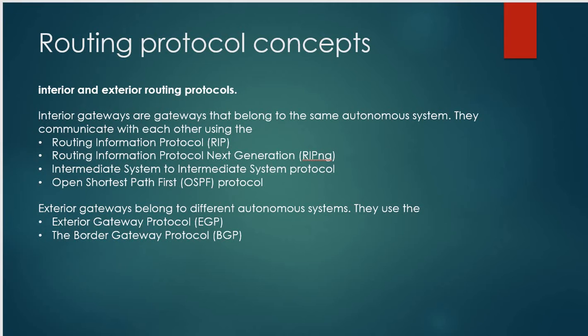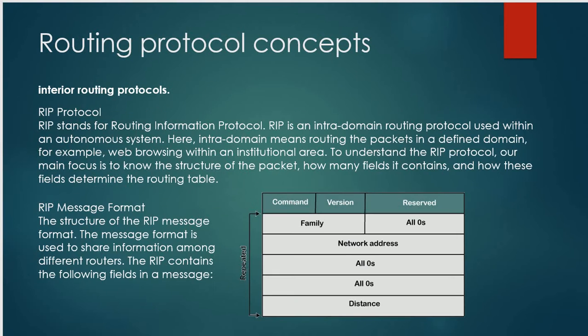And the third point is IS-IS, intermediate system to intermediate system protocol. And the last point in this interior gateway protocol is the open shortest path first, OSPF protocol. Let's see the first point, RIP.